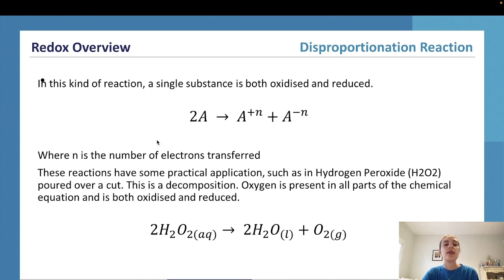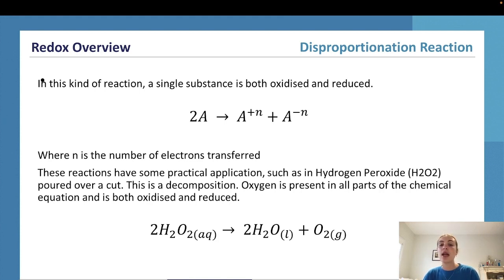These reactions have some practical application, such as when you have hydrogen peroxide, which gets poured over a cut for sterilization, and this performs a decomposition reaction. We've got oxygen which is present in all parts of the equation, and it's being both oxidized and being reduced.